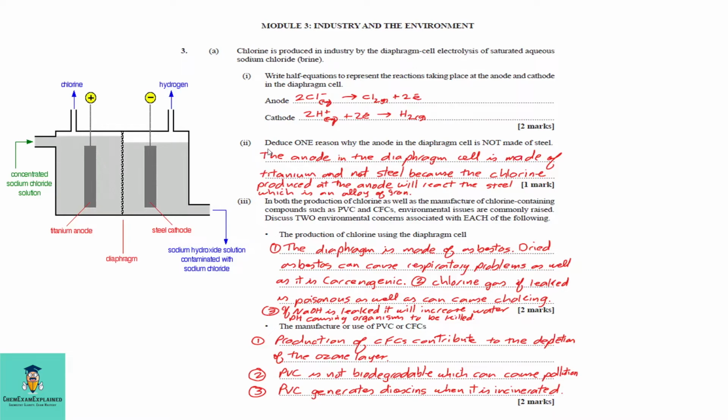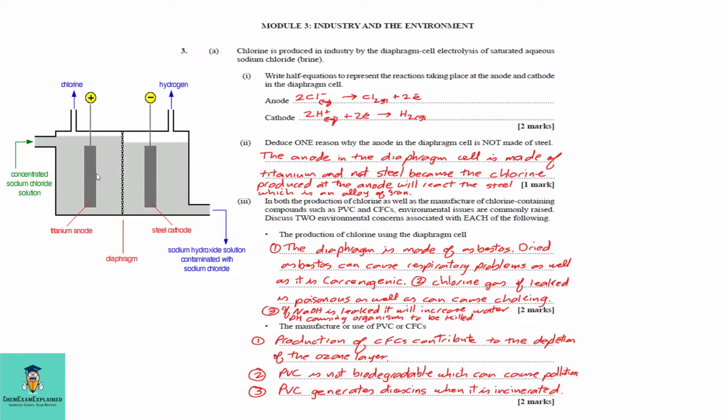Part 2. Deduce one reason why the anode in the diaphragm cell is not made of steel. Now, the anode in the diaphragm cell is made of titanium and not steel, because the chlorine produced at the anode will react with the steel, which is an alloy of iron.